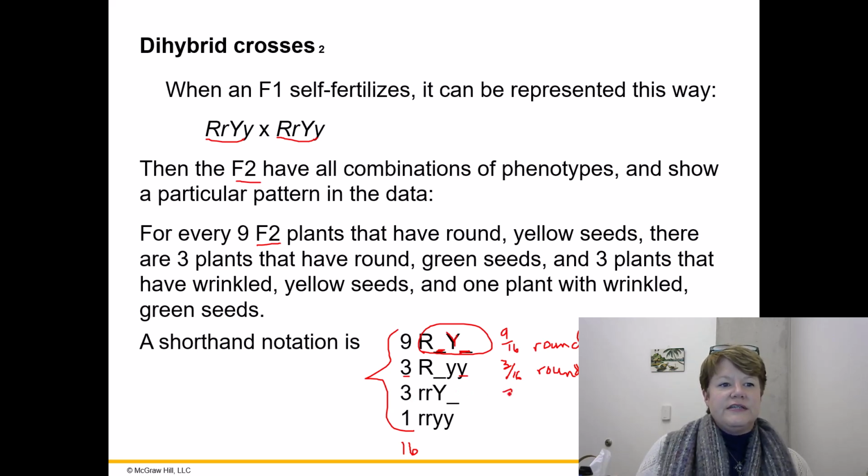3 out of 16 are sort of the flip side. They'll have wrinkled seeds that are yellow. So if you look at this pattern here, these two groups are like exact opposites.